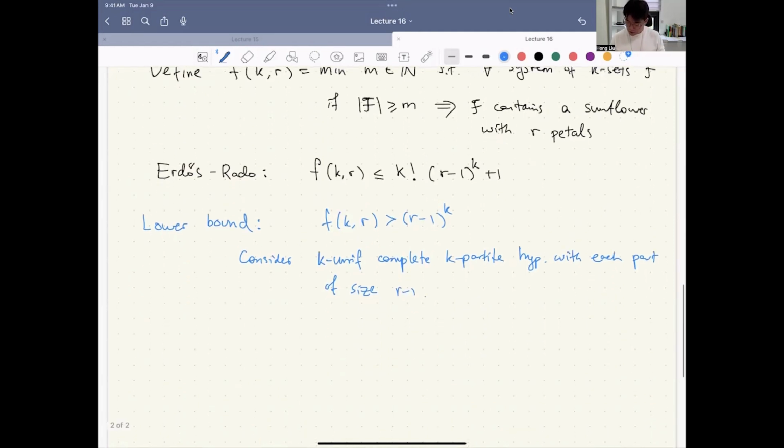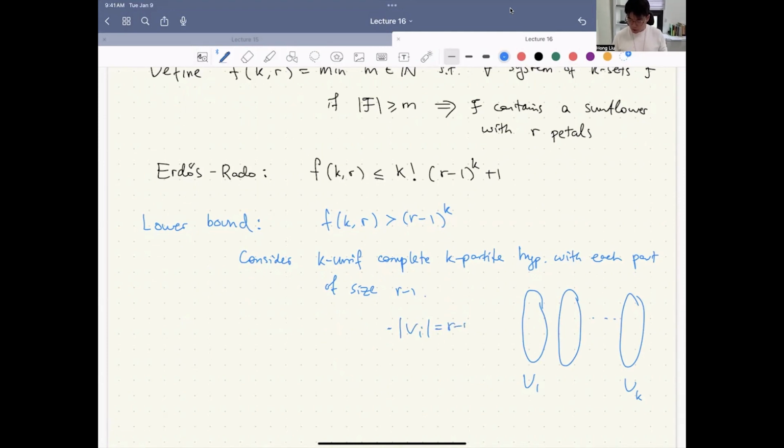It looks like this. This is our system of sets. You have V1 through Vk, and each Vi is of size r minus 1.